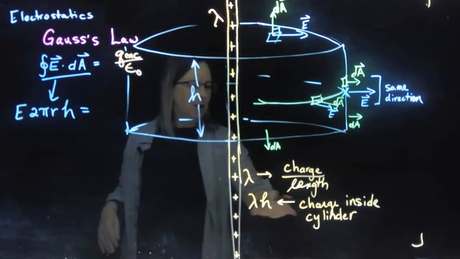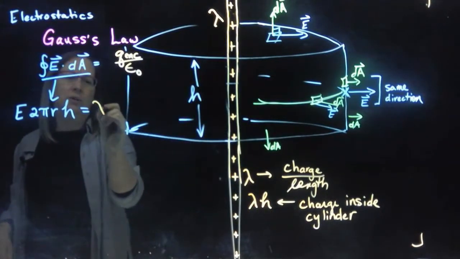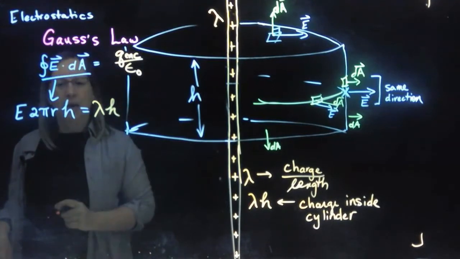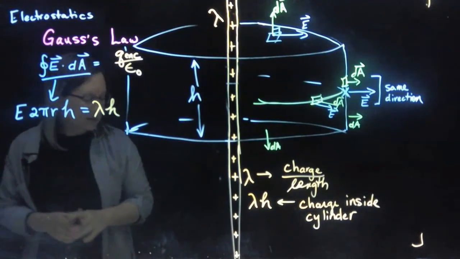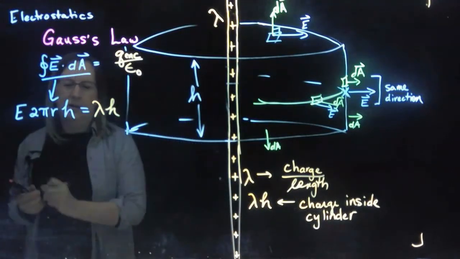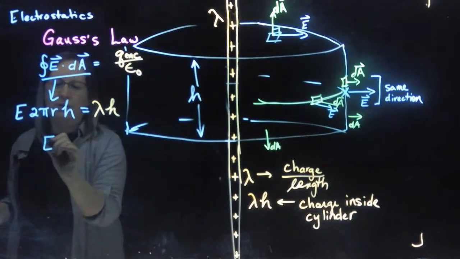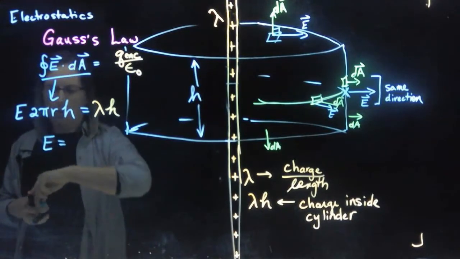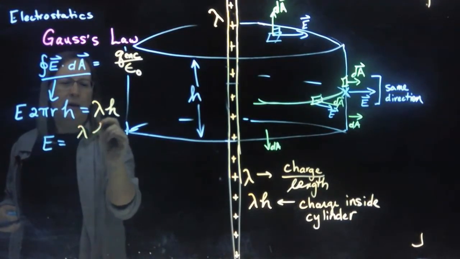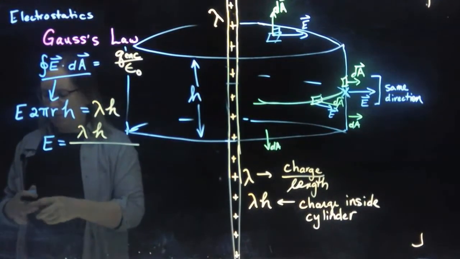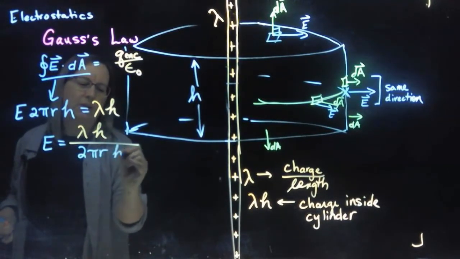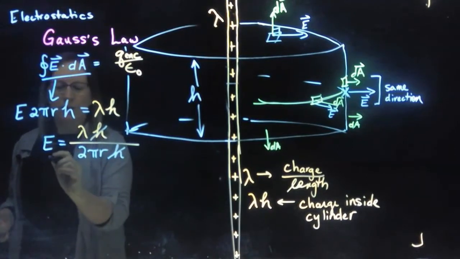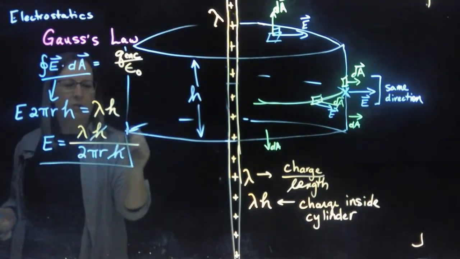I don't care. So that's going to be lambda times h. Now I can solve for the electric field. The electric field is equal to lambda h divided by 2 pi r h. The h's cancel.